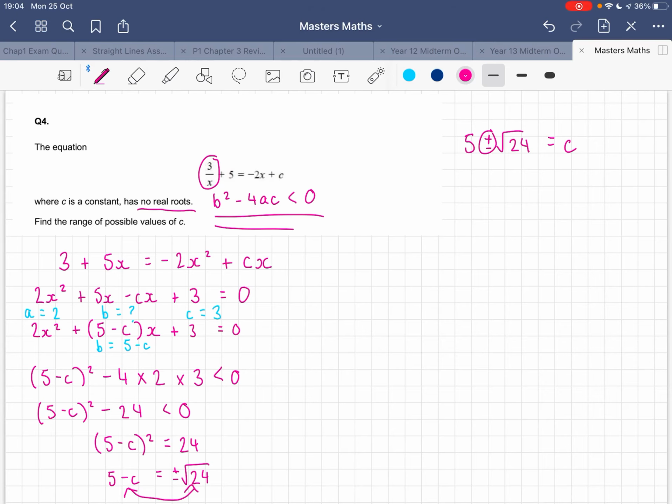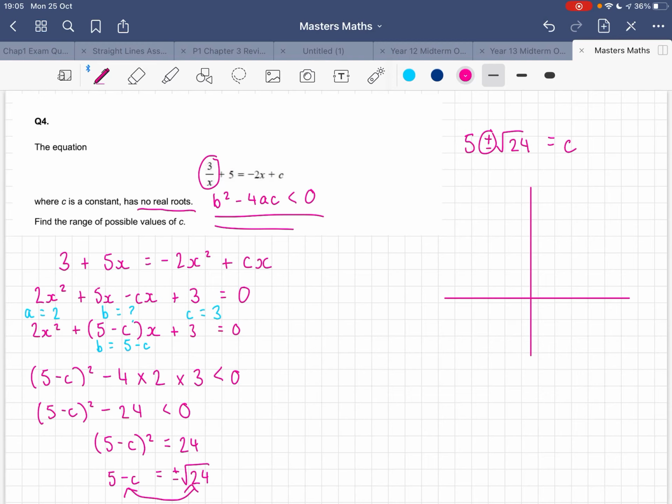But now I have my two values of C: 5 plus root 24 and 5 minus root 24. But it is an inequality. And it's a quadratic inequality because we were solving a quadratic expression, (5 minus C) squared minus 24. So I need a sketch. I need to think of when we were doing quadratic inequalities.